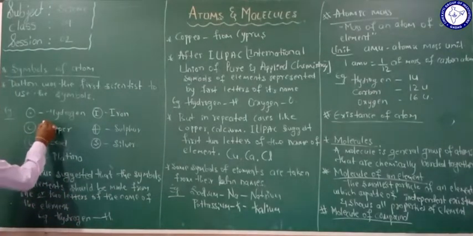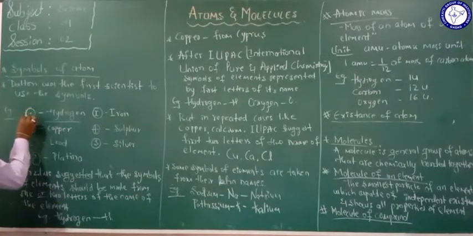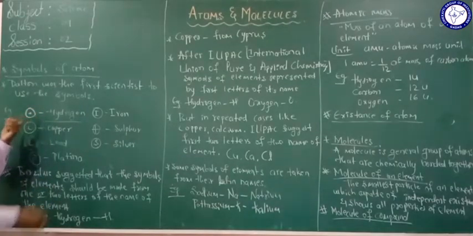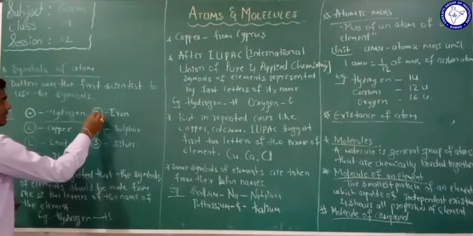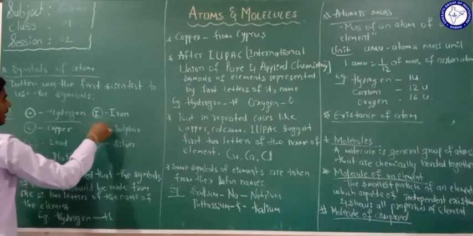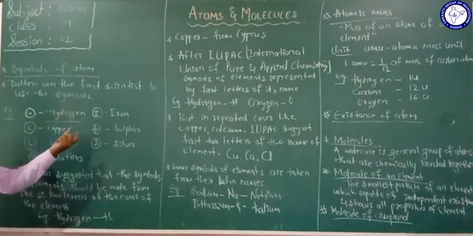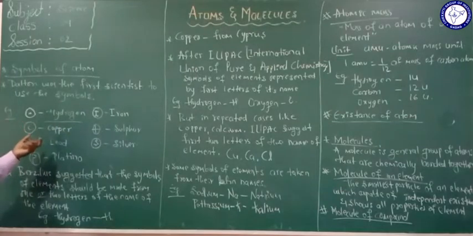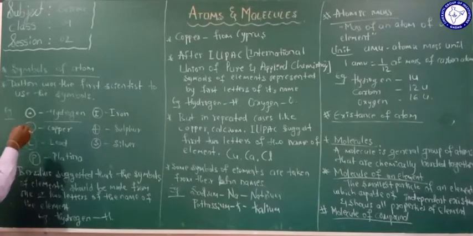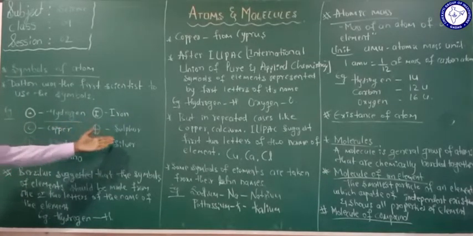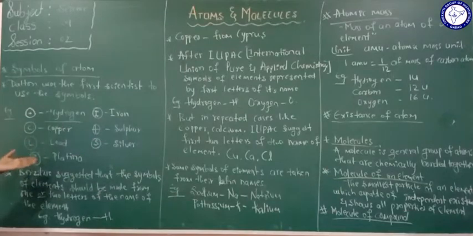For the hydrogen atom, he made a symbol like that. For iron, he made the symbol like this, an I with a circle around it. For copper also, he made a symbol like C with a circle around the C. Likewise for sulfur, silver, lead, platinum.